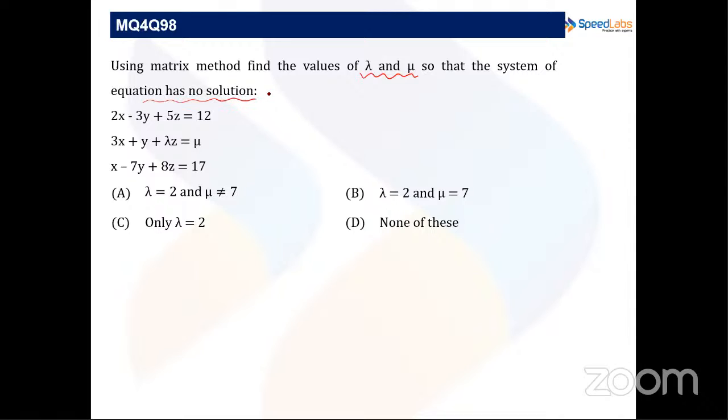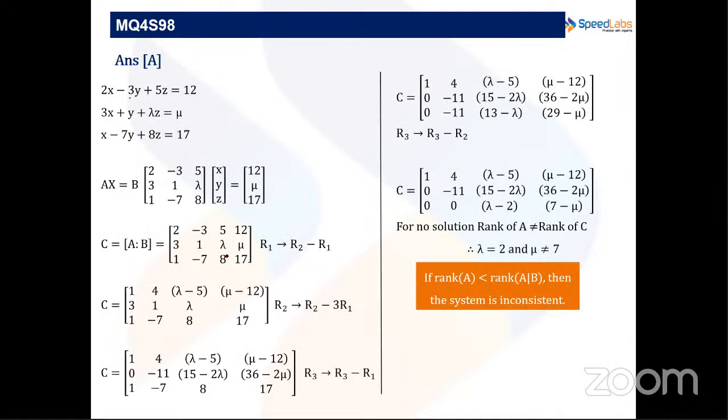Okay, if we will be going by Cramer's rule, then for no solution, again determinant value of A is equals to 0, and any one of the other determinants will be non-zero. So d1 will be non-zero, or d2 or d3. Okay, so either solve it by that method or by the method we have just run.